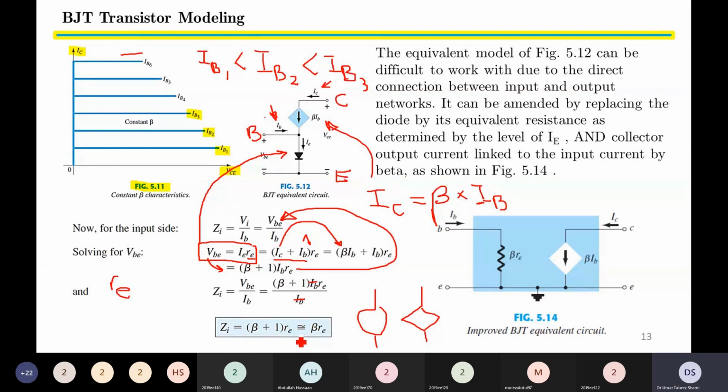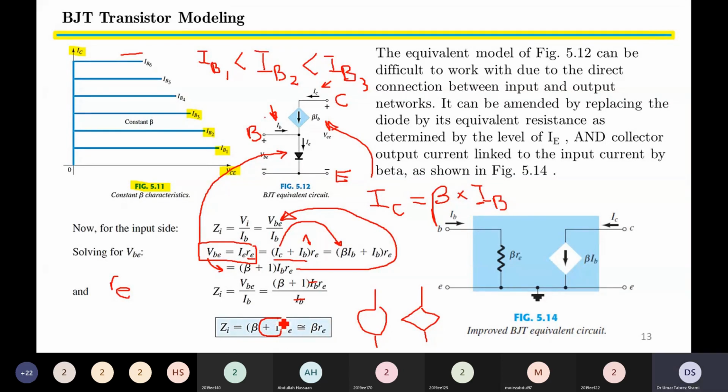Now, normally beta is much larger than 1. For example, it can be 50, it can be 100, it can be 200. So if we take beta equal to 50 or 100, then the plus 1 component becomes very insignificant.